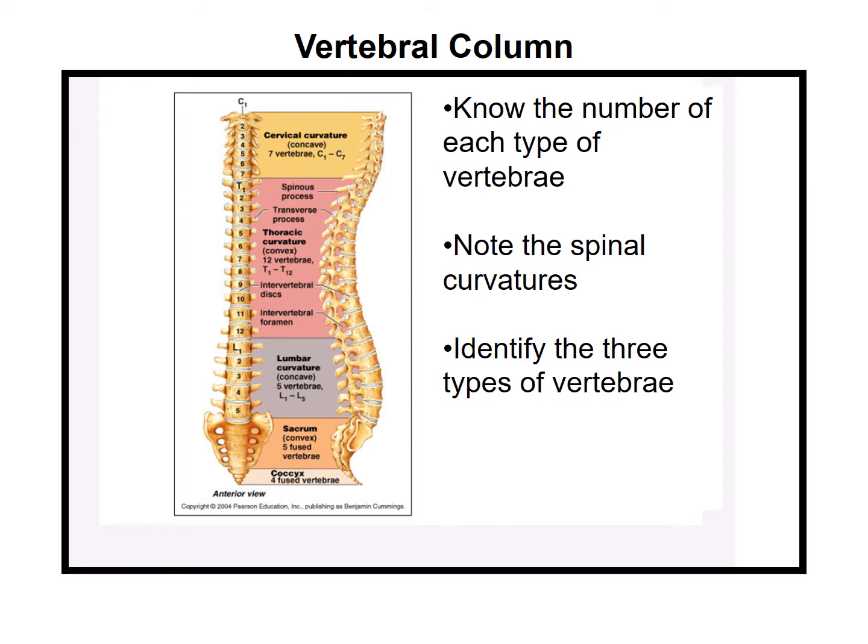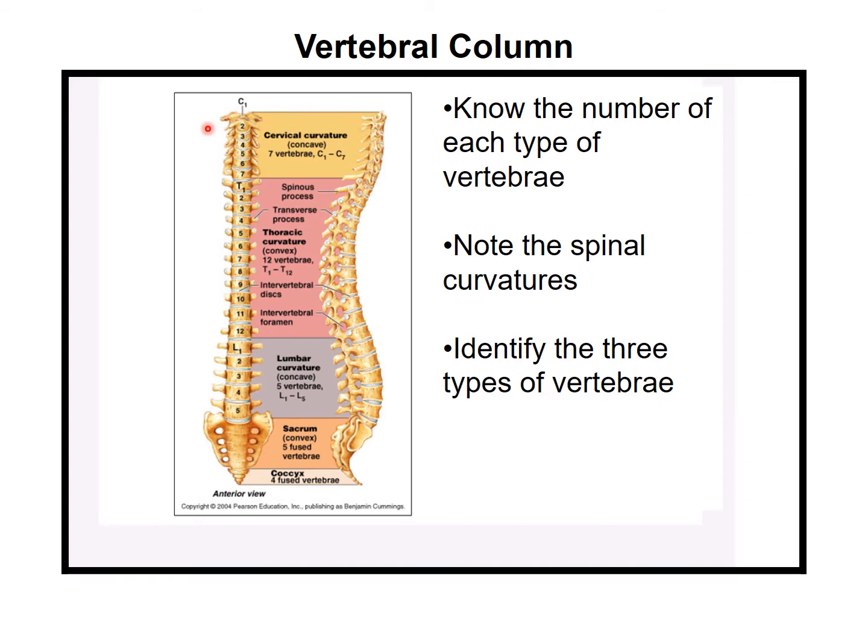So I mentioned that you have vertebrae that are named by region. You have to know how many of the cervical, thoracic, and lumbar vertebrae there are. And there's an easy little saying that you can use to remember that.